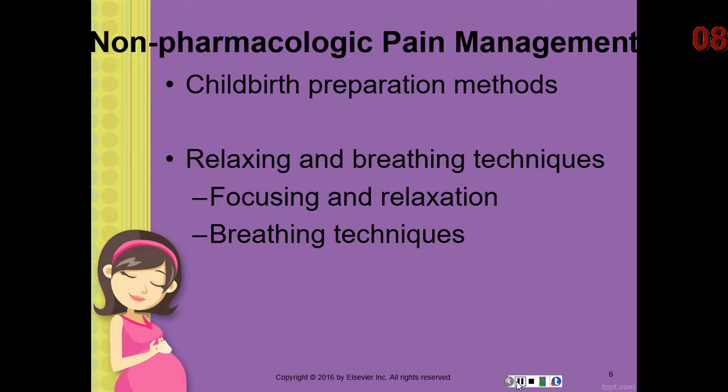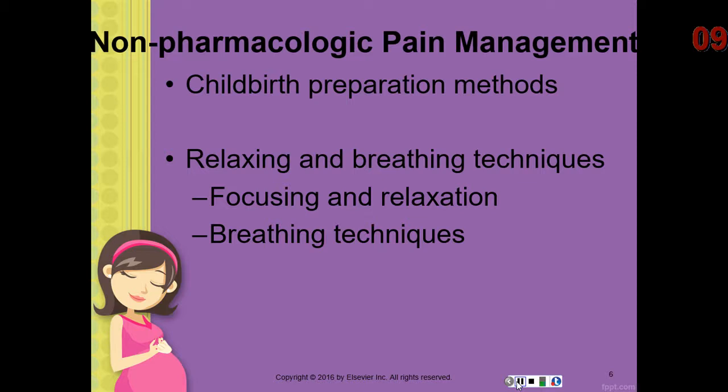So people go to childbirth preparation classes, usually starting at the beginning or middle of their third trimester. They start to think about what's going to happen during labor. The most important things really are the relaxation and breathing techniques. Those are pivotal. Besides keeping mom well oxygenated, they do provide distraction.